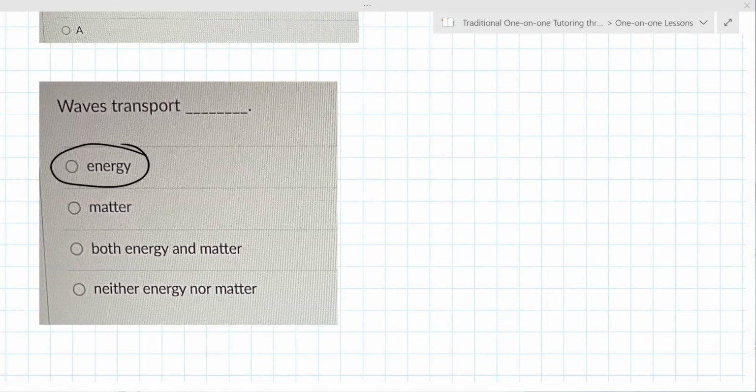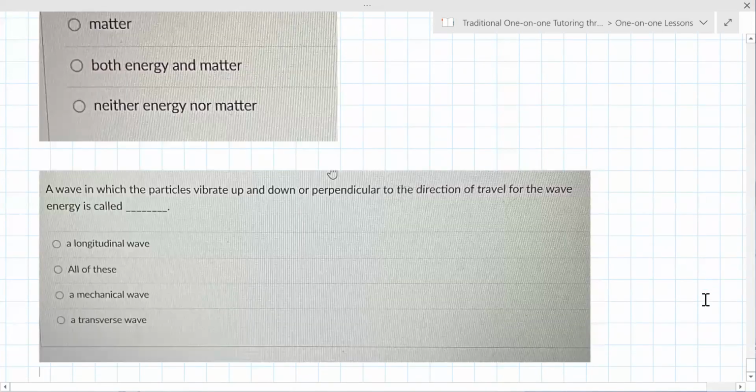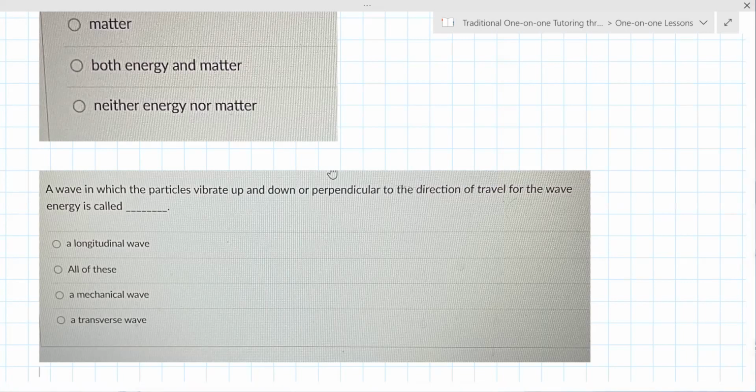Okay, I think, no, maybe not the last one. So a wave which the particles vibrate up or down or perpendicular to the direction of travel for the wave is called, and that's the one that we like the ocean wave, but the ocean actually moves both directions. I mean, that's not a good example.